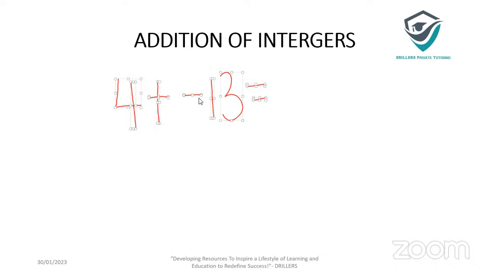Of course we know that 4 in front there is positive because it doesn't have anything in front of it. But remember, when we have two signs coming together, we can replace it. So if I have a positive and a negative sign, that's different signs, that can be replaced with minus or subtract or negative operation. So I'm going to have positive 4, which I can just write as 4. Different signs is going to give me negative. And then I'm going to put back the 13.